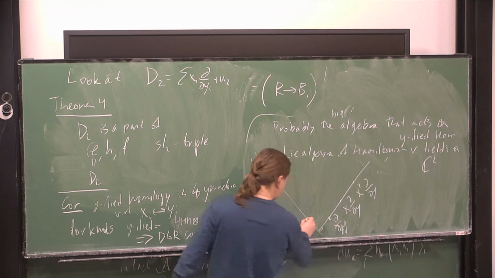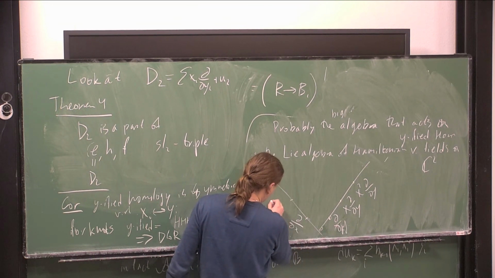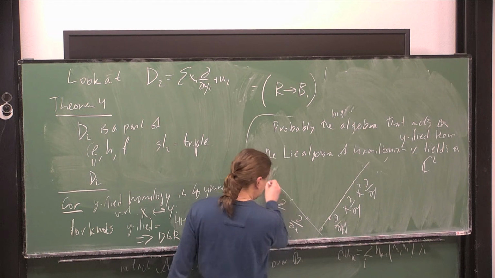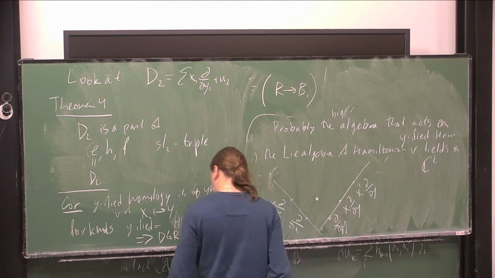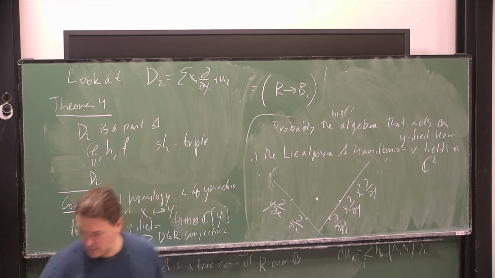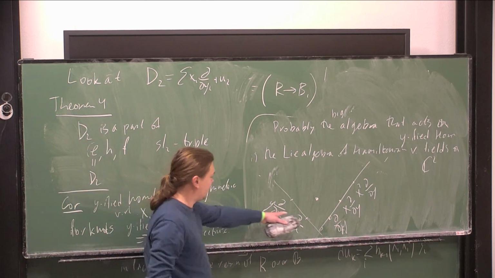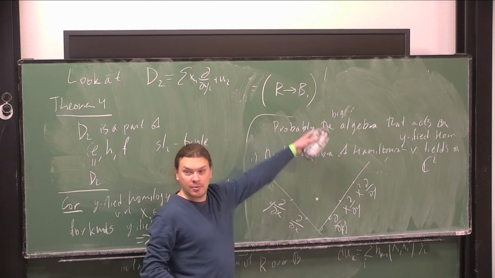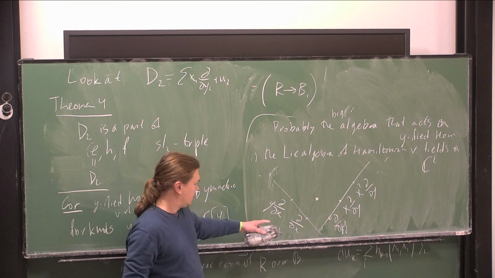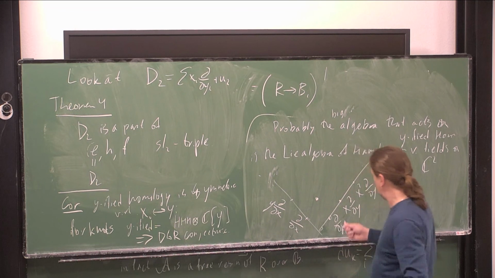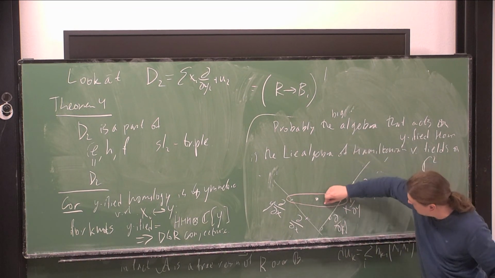In this direction, you have d over dx, y d over dx. Well, there is an operation here. So the basis elements correspond to points here, and this is our SL2 that we talked about.